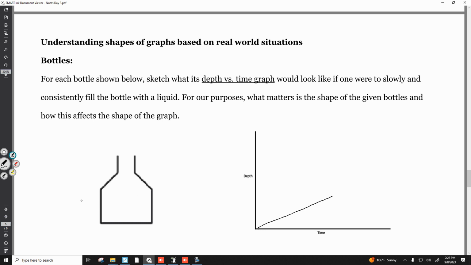This is part 1. Then, all of a sudden, it would start speeding up. What kind of graph would that create if we're speeding up?